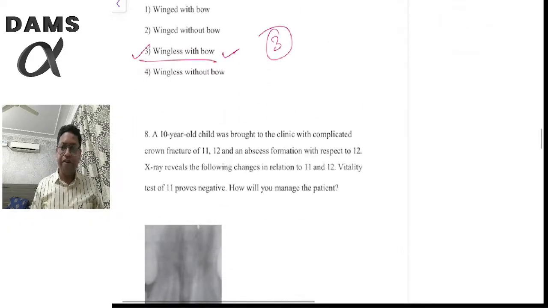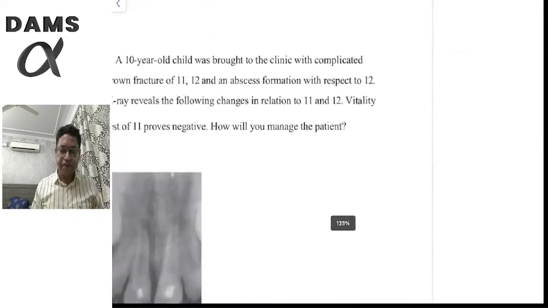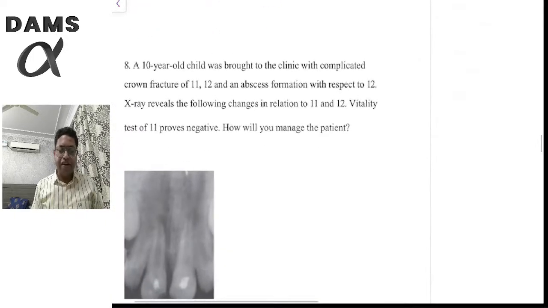Coming over to question number 8. A 10-year-old child was brought to the clinic with complicated crown fracture of 1-1 and 1-2. Complicated crown fracture, so the first set of information. Second set of information, there's an abscess formation with respect to 1-2.